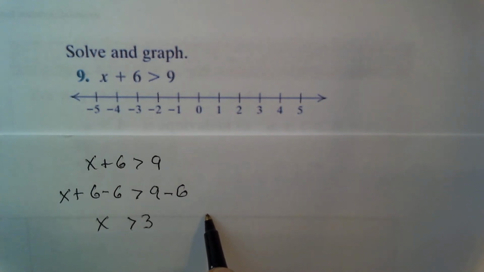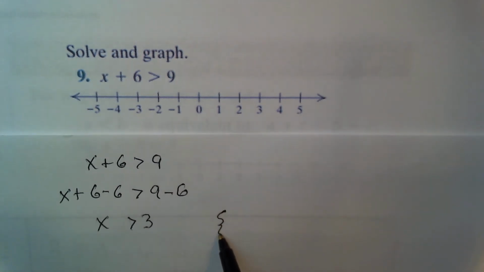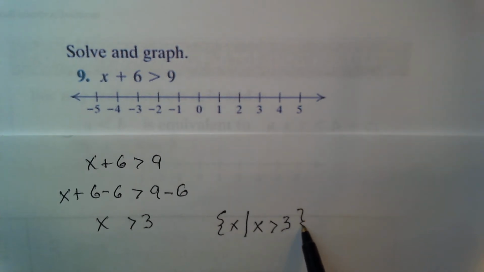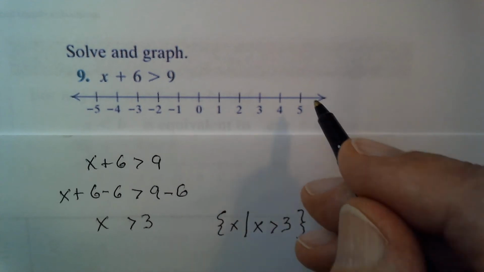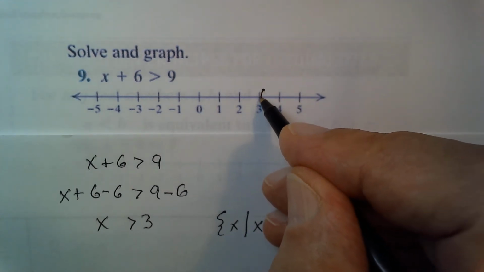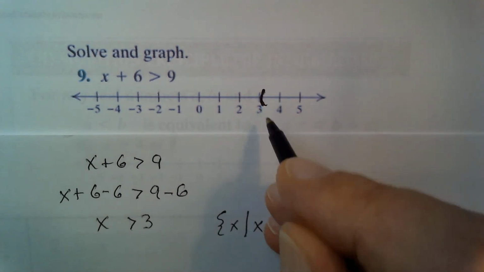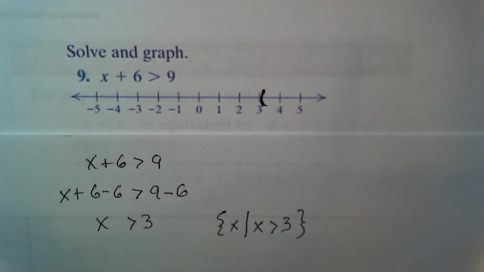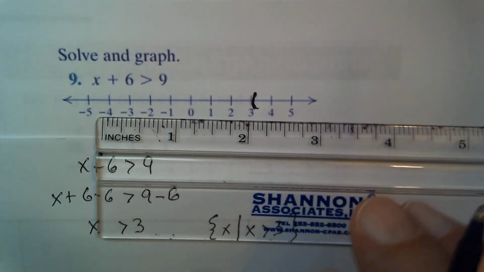And that means we now look at the set of all x such that x is greater than 3. So now we have the solution in set notation. And when we graph it, we will simply do it on this existing graph here. So it's greater than 3, and we simply draw a line to the right of 3.